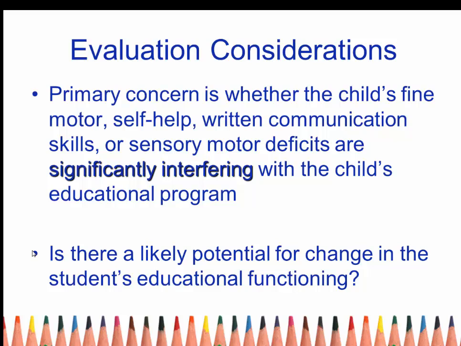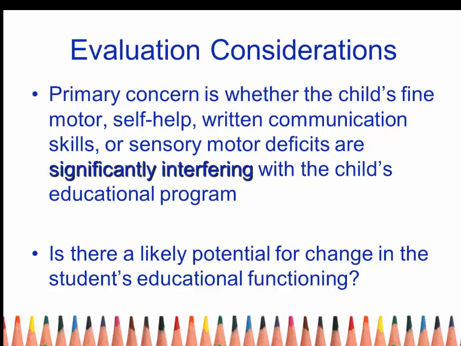So even though a child might be very delayed, say they're chronologically 7 years of age but functioning like a 4-year-old child, yeah, they have problems, but their potential to make significant changes in their education is not real high because of their cognitive deficits, so they're not going to qualify for therapy services. That's really a hard thing for parents to understand because they're only looking at the occupation of education.